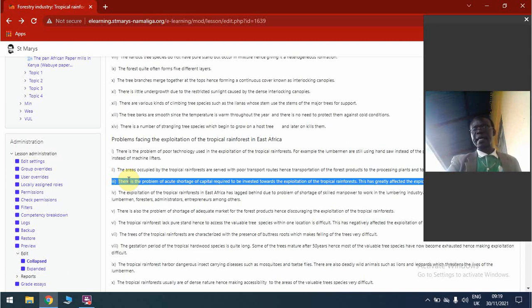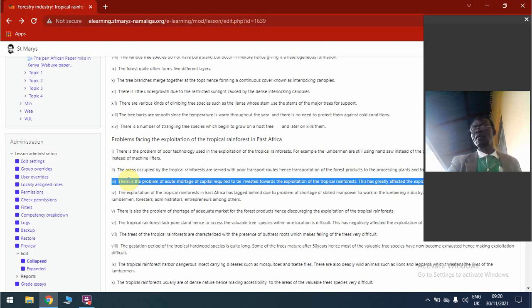Thirdly, there is a shortage of capital, as is the case in most African countries. In East Africa, we also have a problem of shortage of capital to be invested in the exploitation of the tropical rainforests. There is a need to have money for investment in buying machines, using modern machines for cutting down the trees.